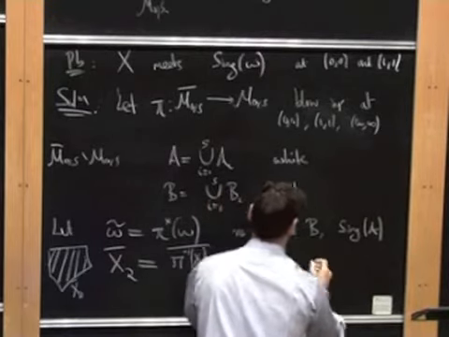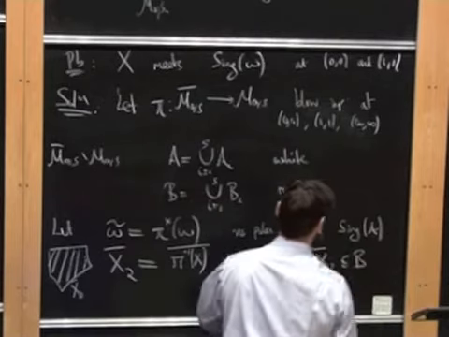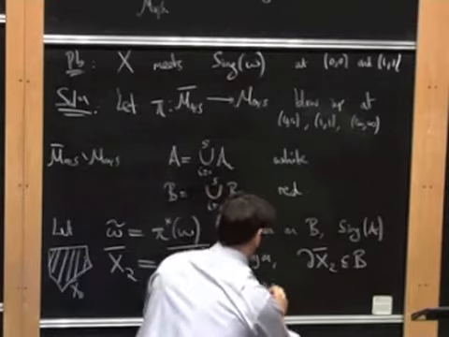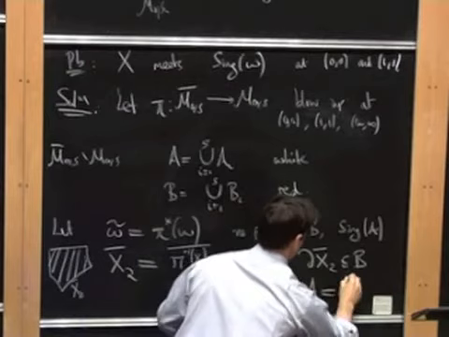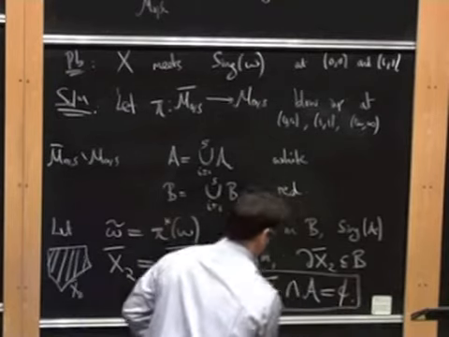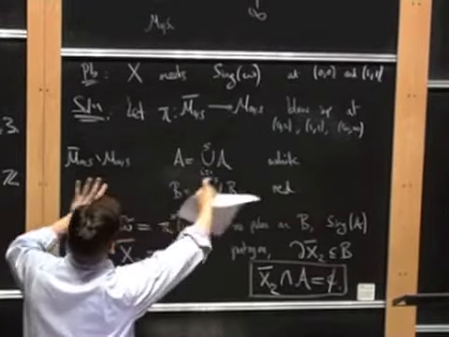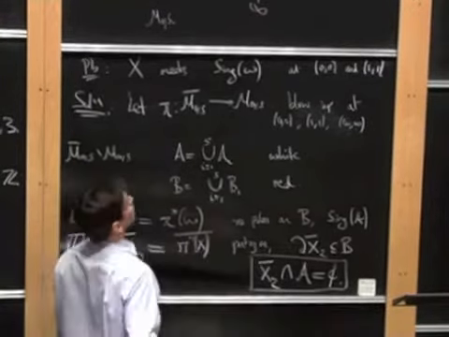And you check that its boundary is contained in B. And so after all this work, what you've achieved is that the pentagon no longer meets the singularities of the integrand. So this is the key point. That after all that work, blowing up has had the effect of moving the singularities of the differential form away from the domain of integration.